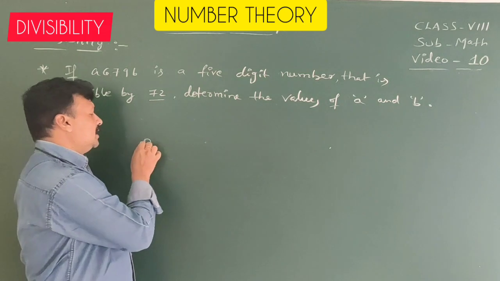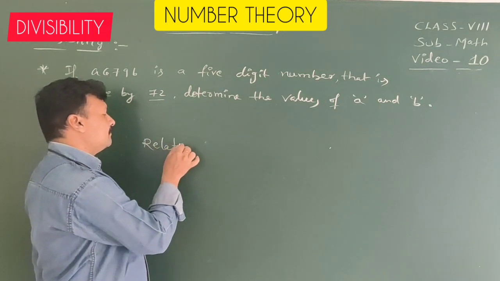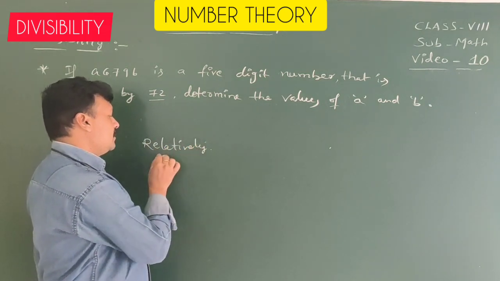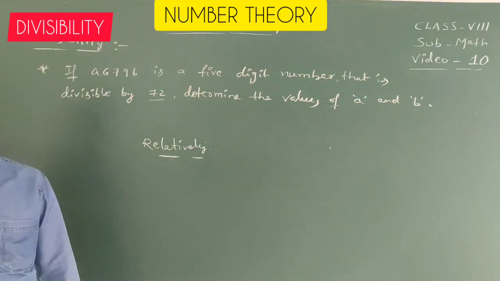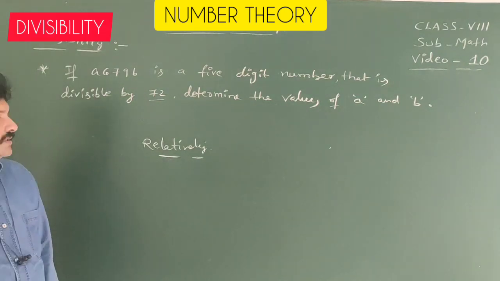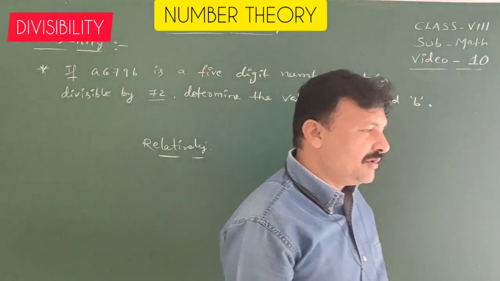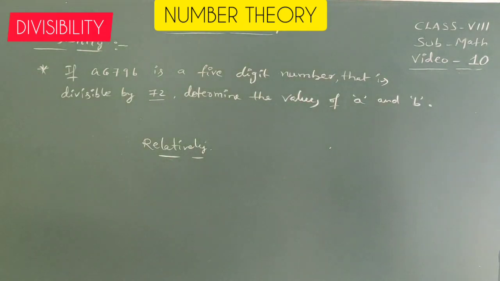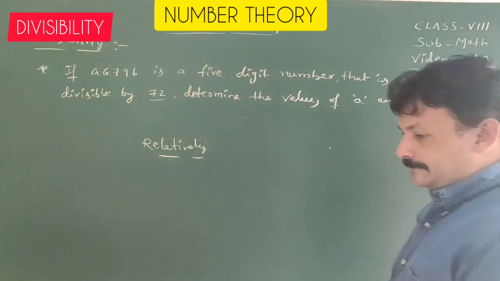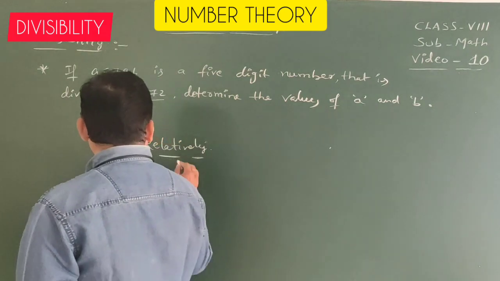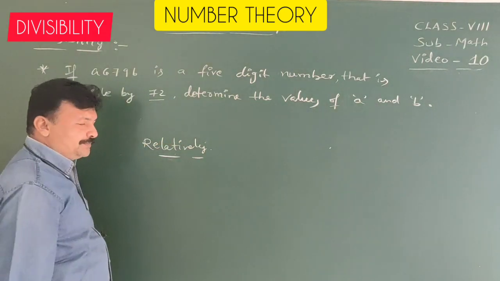Co-primes are also called relatively primes. What are relatively primes? Two numbers are said to be relatively prime or co-prime if there is no common factor between them except one.